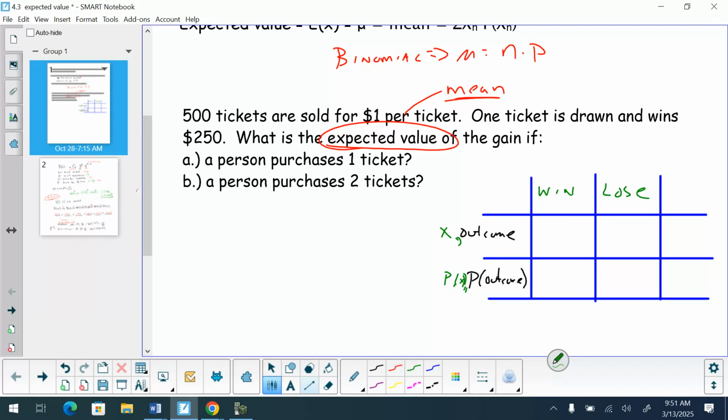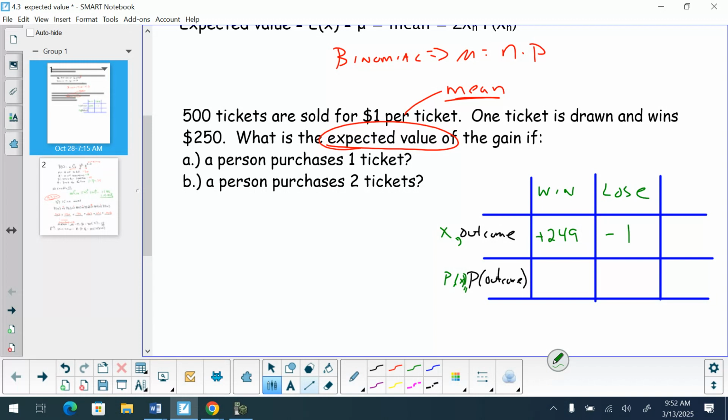You would win $249. Why? You paid $1 for the ticket. So if you win, you're a plus 249. If you lose, minus 1, because you lost $1.